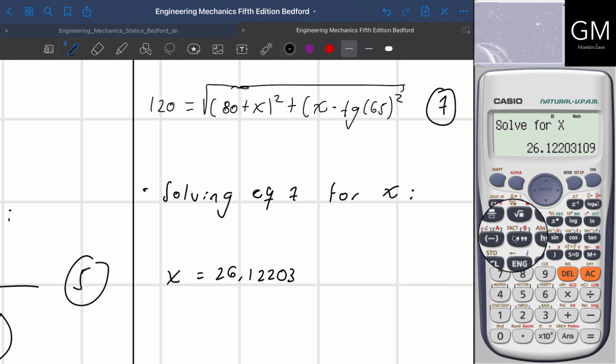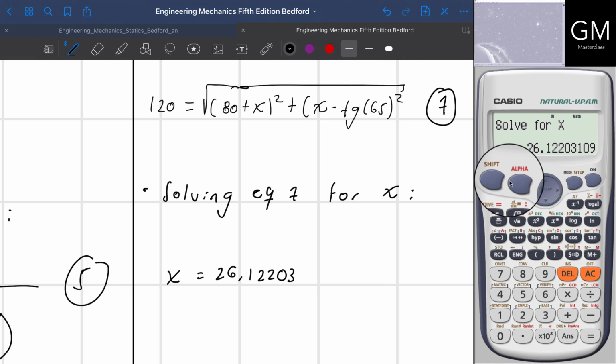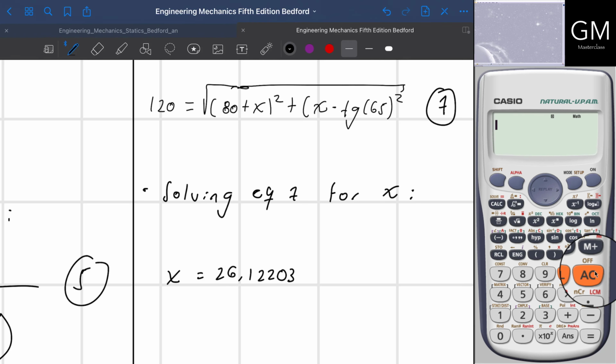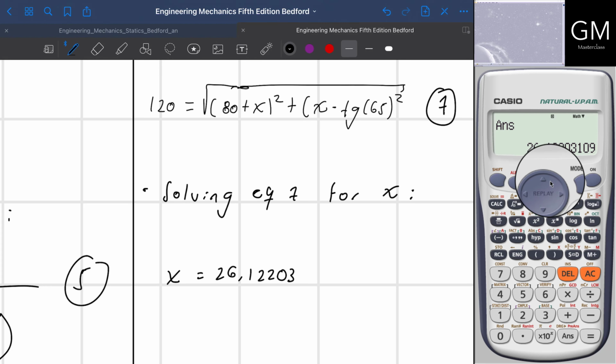I'm going to save this value in the storage of the calculator, so I'm going to press shift storage and press A. I don't think that worked. Nope. So I'm going to press answer, since this is the answer.